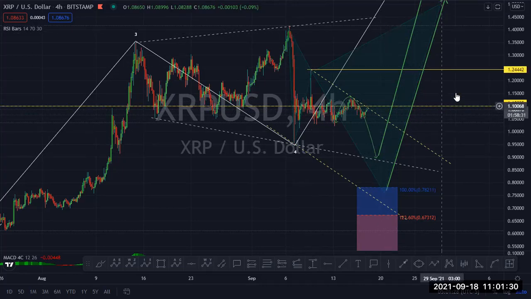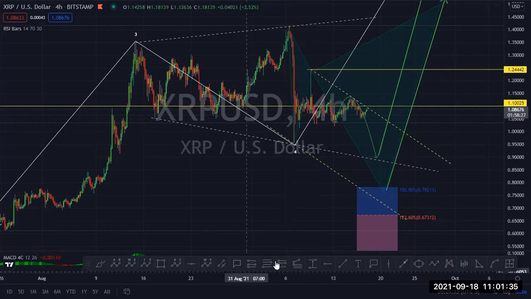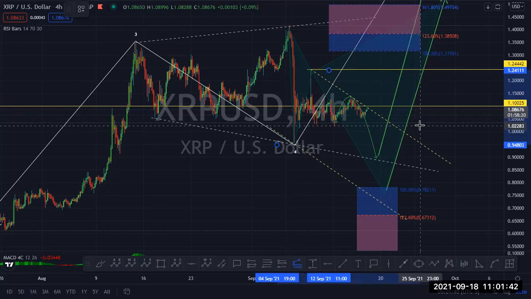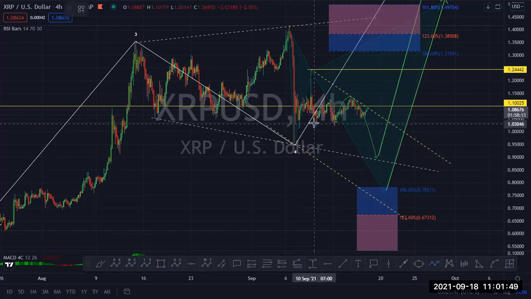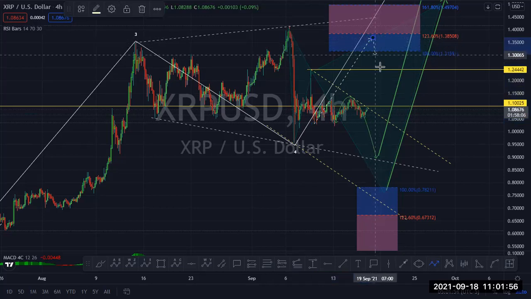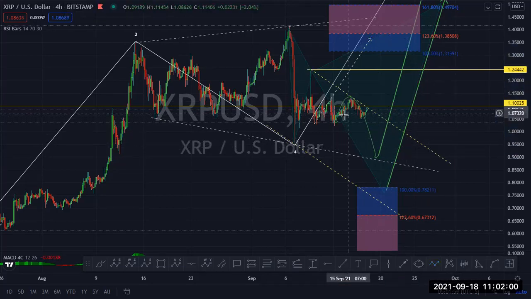So the areas we are looking at is 1. Let me show you this. The first thing we are expecting is this move from here to here. Then from here, we can come down to this level. So watch out for a move towards this level.